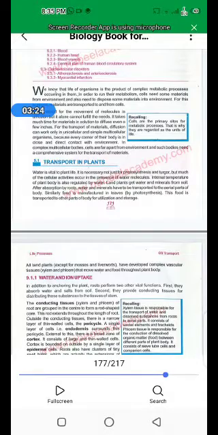Similarly, food is manufactured in leaves, and this manufactured food has to be transported from the aerial parts back to the body. The aerial parts, like leaves, perform photosynthesis and prepare the organic material or food, which has to be transported to the other parts for the production of energy and to be stored in them.